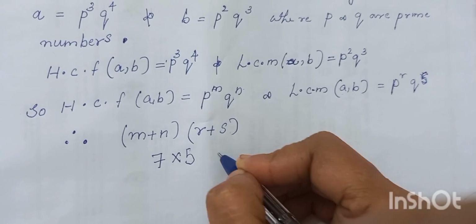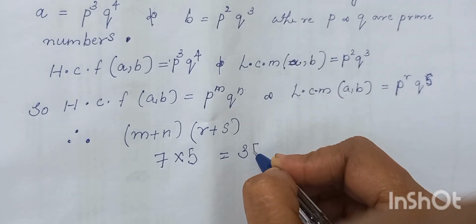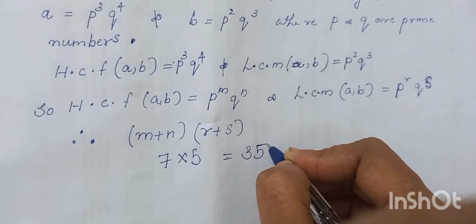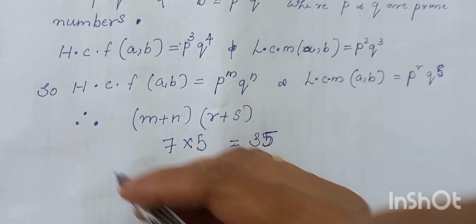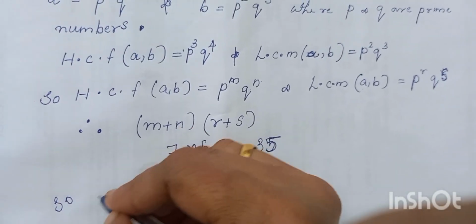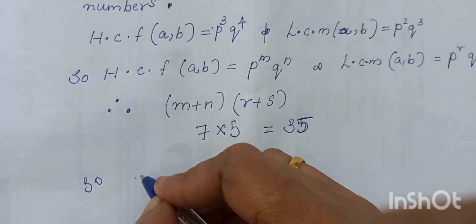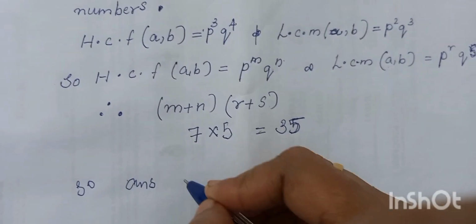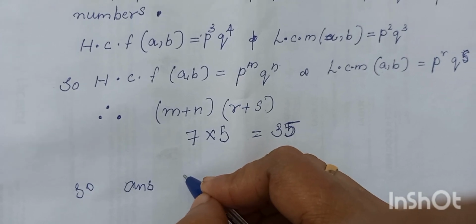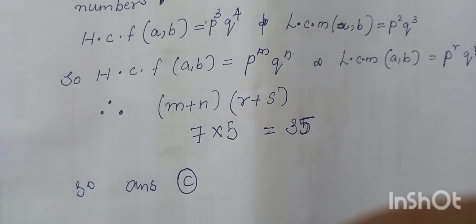So 7 into 5 is equal to 35 we get. Okay. So the answer is option C, 35.